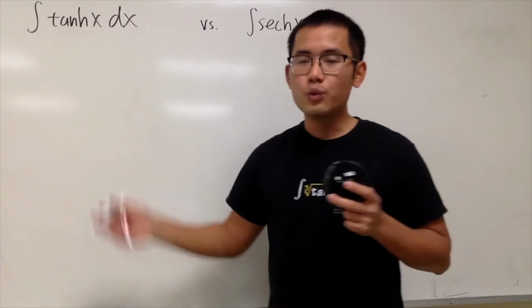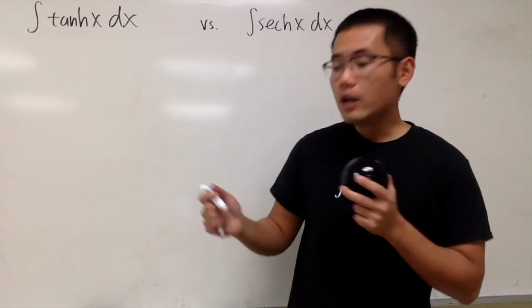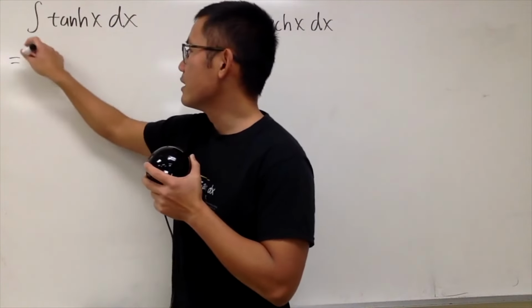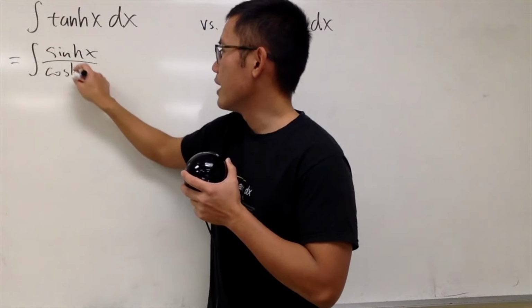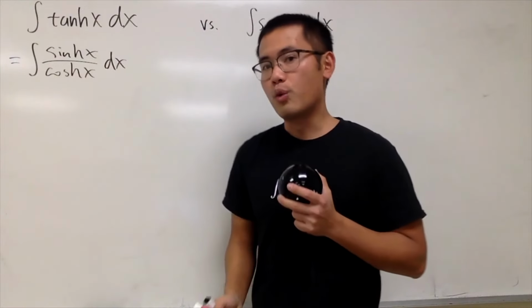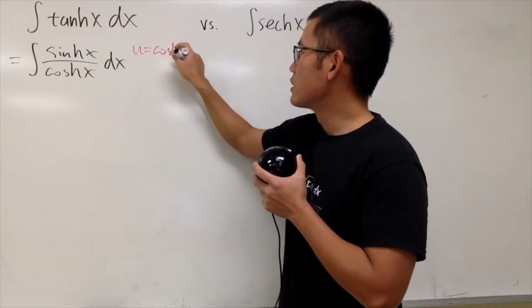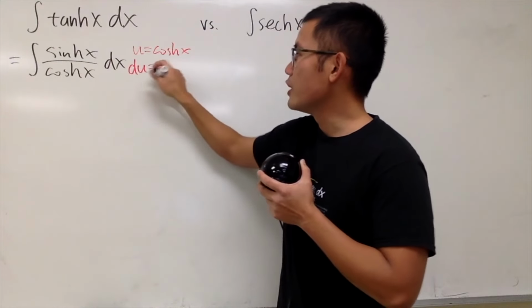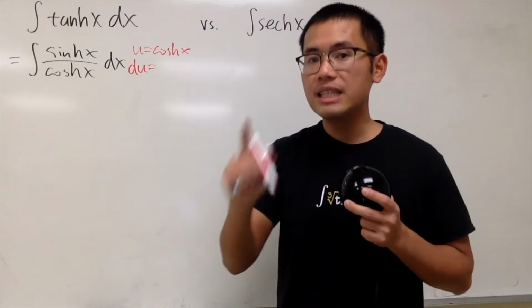The strategy for this one is very similar to how you will integrate the original tangent x. What we can do for this case is let's write it as sinh x over cosh x, and we're just dealing with the hyperbolic version, right? And then we can of course do a u-sub. I will let u equal the bottom function, which is cosh x, and then differentiating cosh. Remember, the derivative of cosh is actually positive sinh.